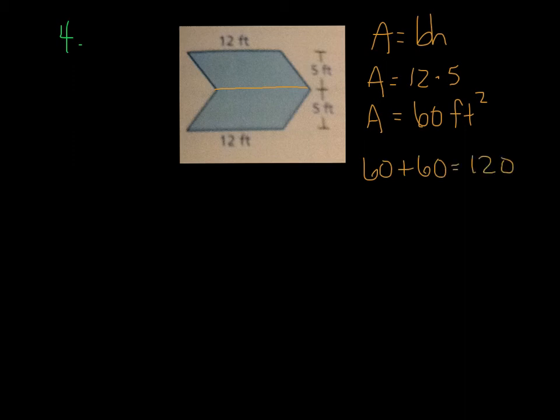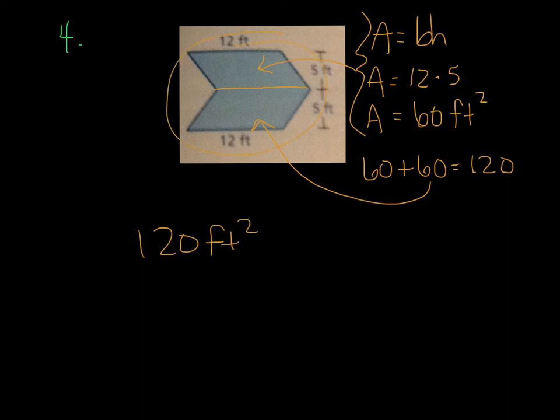Right now, this information covered just that parallelogram. By doubling it, I'm also covering that parallelogram and getting an answer of 120 feet squared for the entire thing. So it's nice how it does work out that way. It doesn't always work out that way, but in this situation it does. We only had to find the area of 1 and double it.